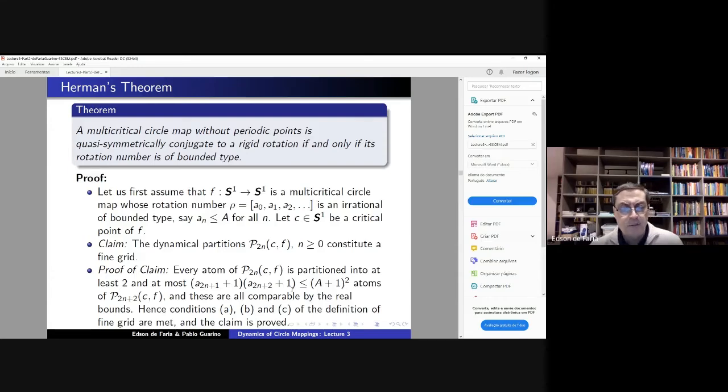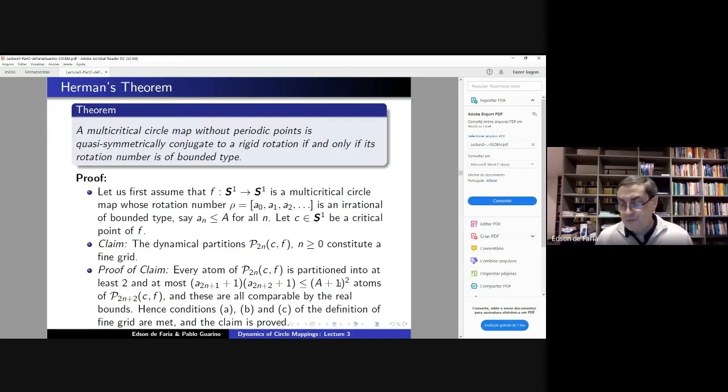And this number is bounded because the a_k's are supposed to be bounded. So this product is actually bounded by this bound, (A+1) squared. Okay, it doesn't matter. What matters is that it's a fixed number of atoms. I mean, it's an upper bound on the number of atoms that you can have at the next level. Okay, I mean at the next q_n, right?